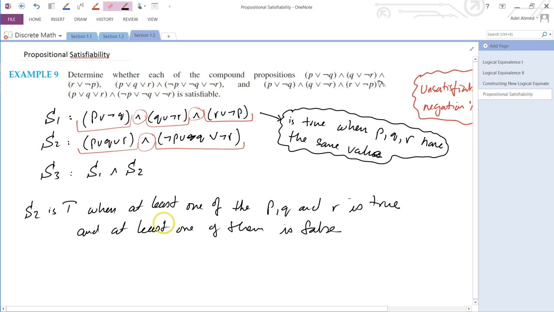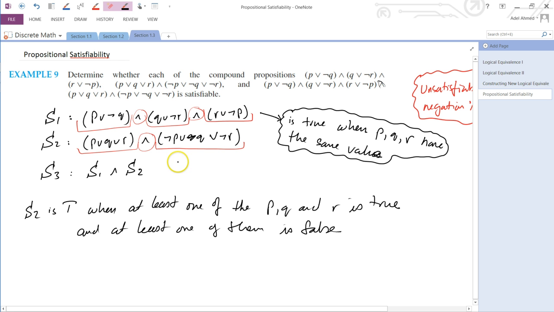And this is very clear, because if at least one of them is true and one of them is false, the ORing of these three values will produce a true value for this part. The same way here, when we negate the values, the true will be false and false will be true, and ORing them will also produce a true value for this one.